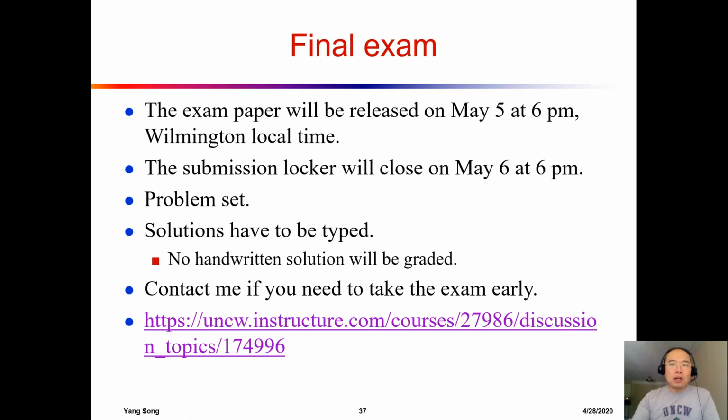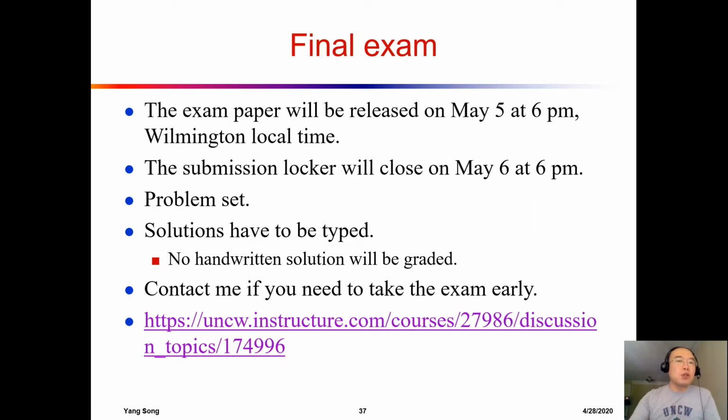Grading handwritten solutions in a picture can be a little bit too hard for me, and especially I don't have a lot of time to do the grading for the final exam. So in this case, I'm going to ask you guys to type all your solutions, and no handwritten solution will be graded.